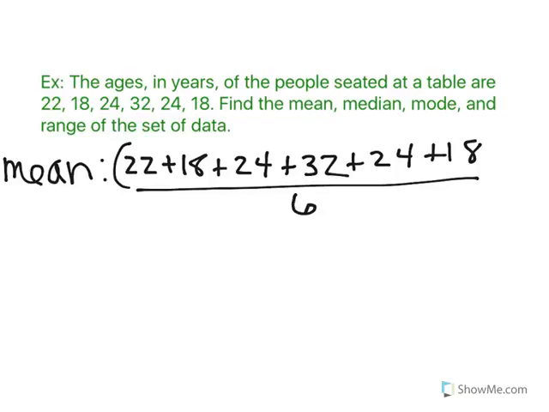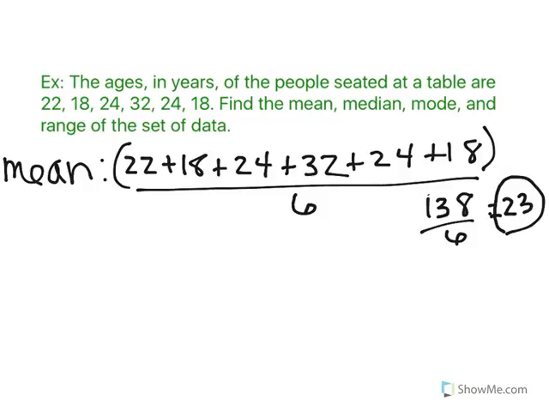I'm going to add all these up first, and then divide by 6. The sum is 138. 138 divided by 6 is 23. So 23 is our mean age, which is like the average age.